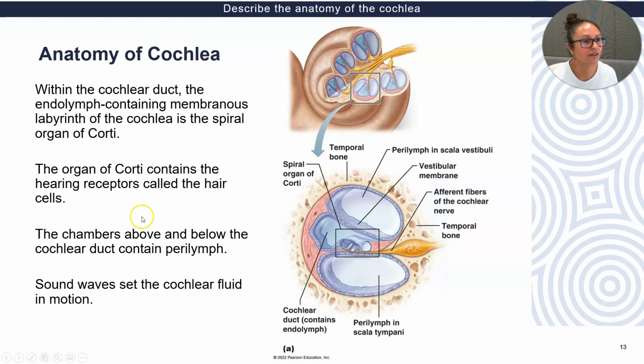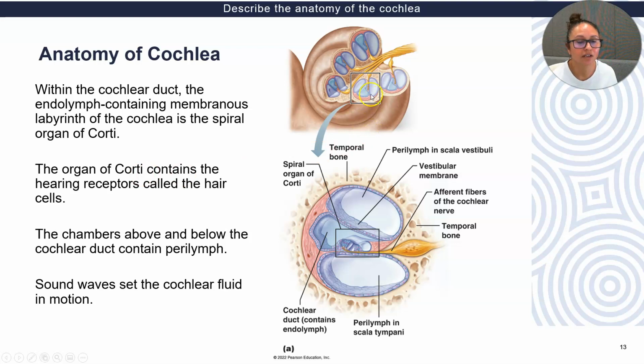All right, so now let's look at just part 1, which is the cochlea. Remember, we've got a bony labyrinth, bone, and then we've got membranous, so bony caves and membranous caves. Now the cochlea is where we have the mechanism for hearing, and the organ for hearing is called the organ of Corti.